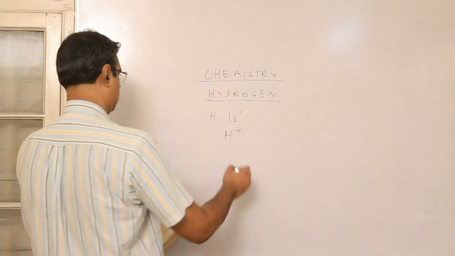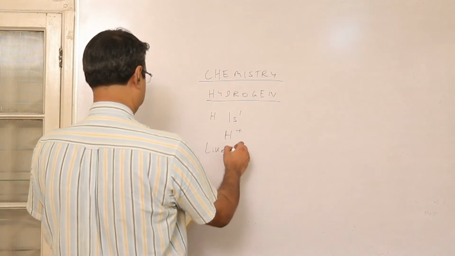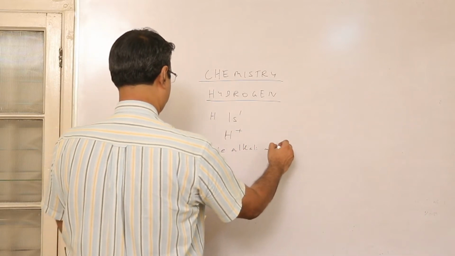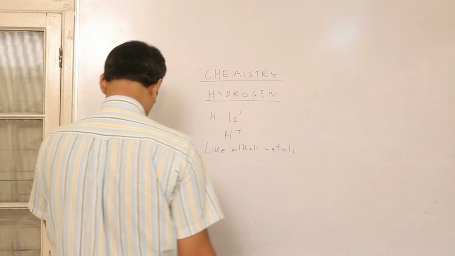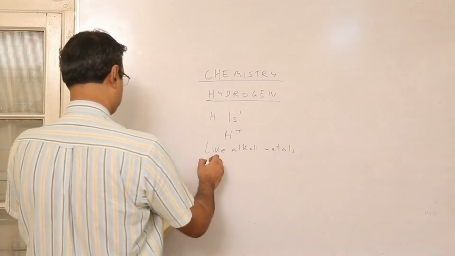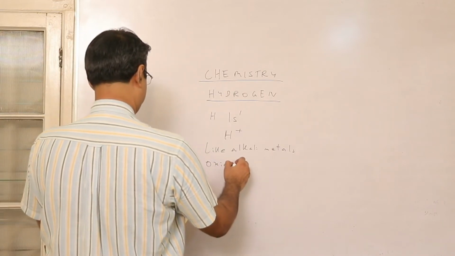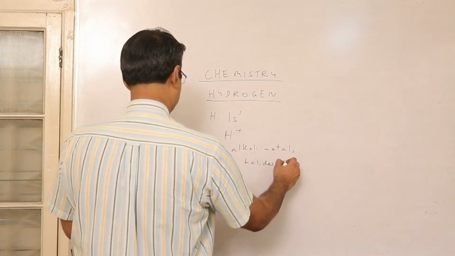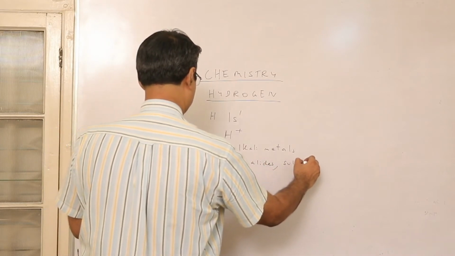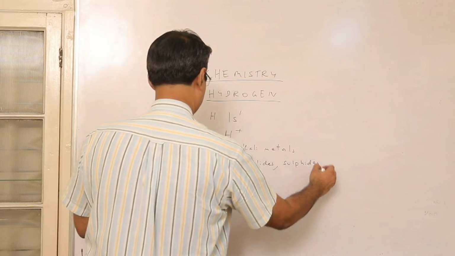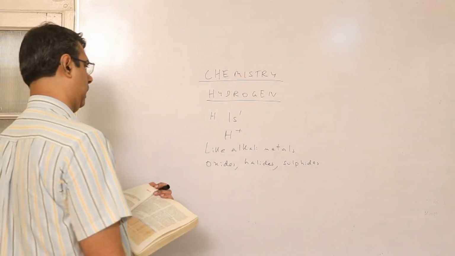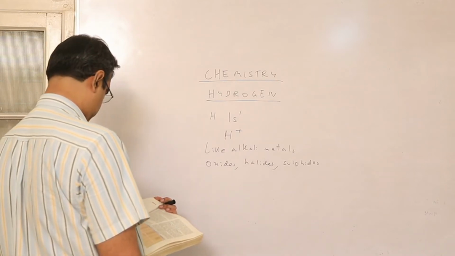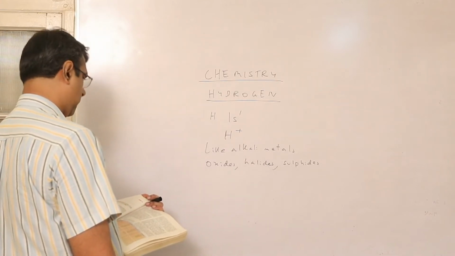Also, like alkali metals, hydrogen forms oxides, halides and sulfides.